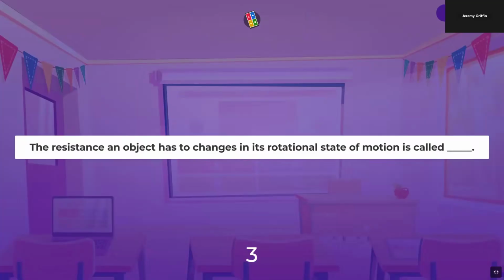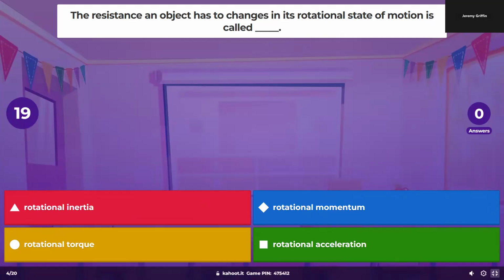The resistance an object has to change in its rotational state of motion. Remember I passed around those 2-meter sticks? They're still over there by that wall if you want to get your hands on them.